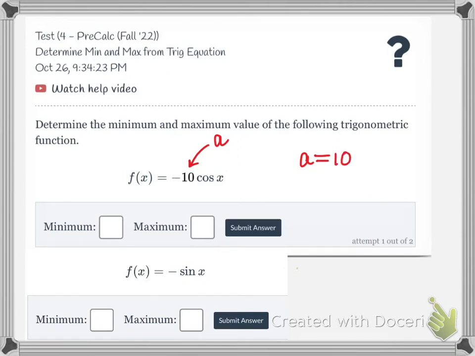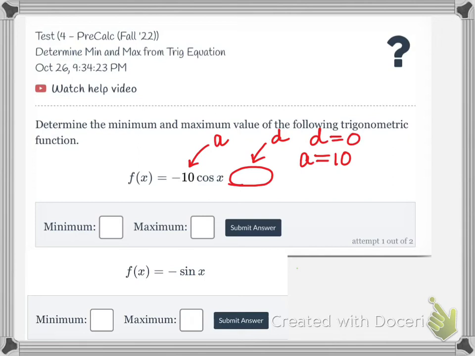And then my D value, well, on the outside here, there aren't any D values. Notice your D value, there is a blank spot. There's nothing adding or subtracting in that space. So the D value in this case is going to be a 0.